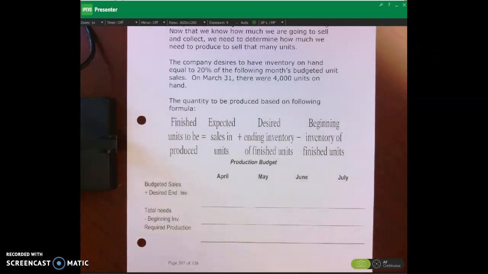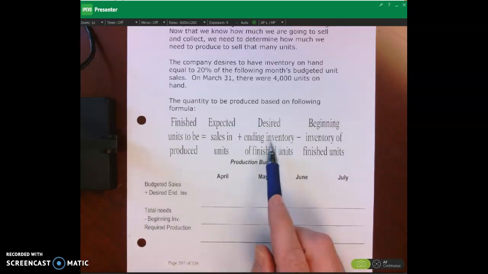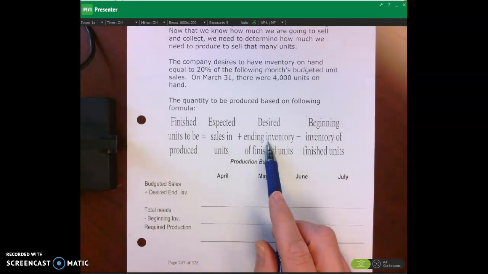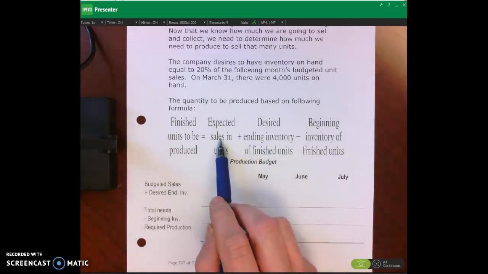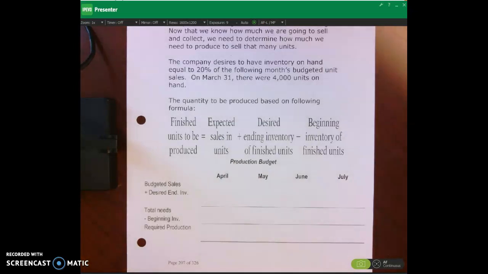So if we think we're going to sell 50 cups of lemonade, we have to make 50 cups of lemonade. But as I was saying in the first lecture video, you would also want to make some additional cups of lemonade just in case you have more sales than you anticipated.